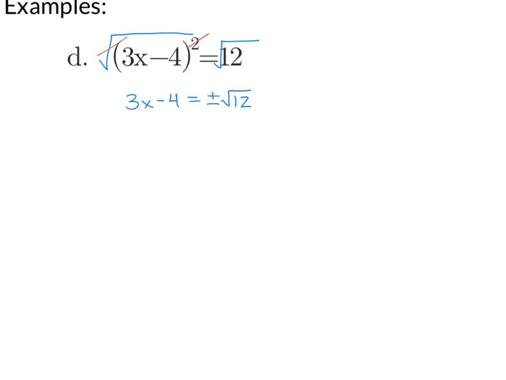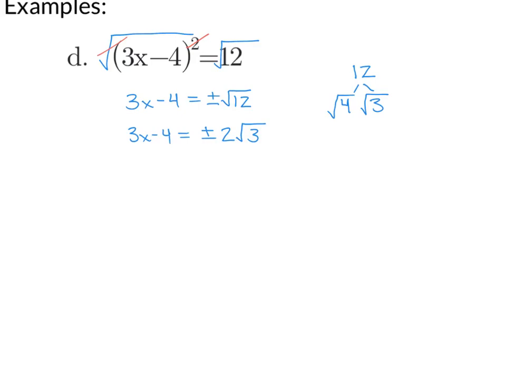Does square root of 12 simplify? Well, though it's not a perfect square, I can go ahead and factor this. This is equal to 4 times 3, and 4 is a perfect square. So when I take the square root, I get 3x minus 4 equals plus or minus, the square root of 4 is 2, and we leave 3 inside the square root.